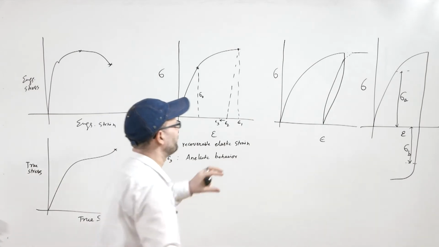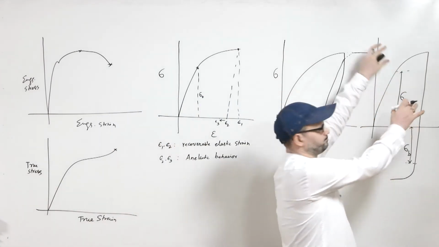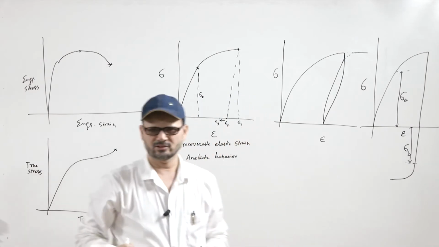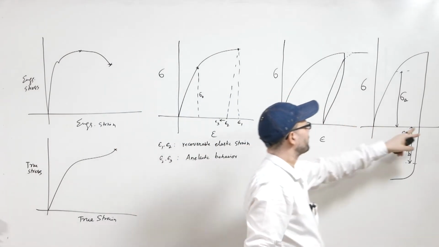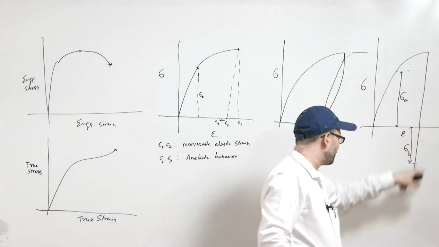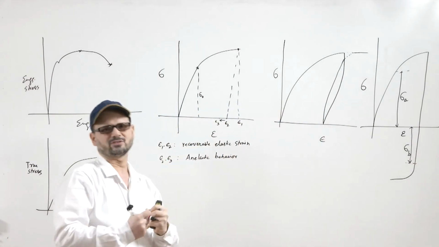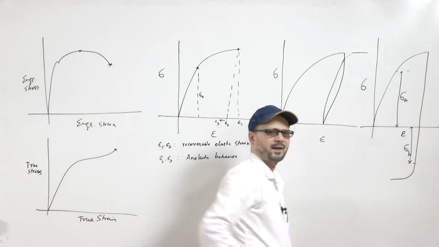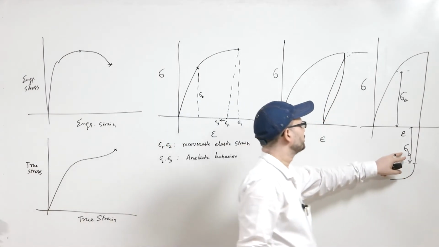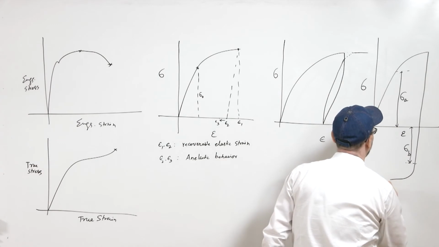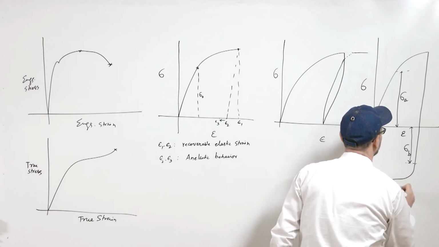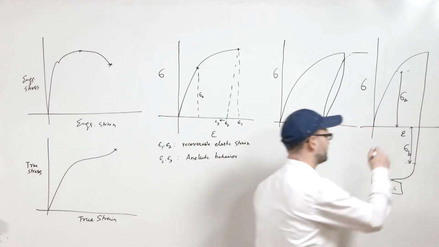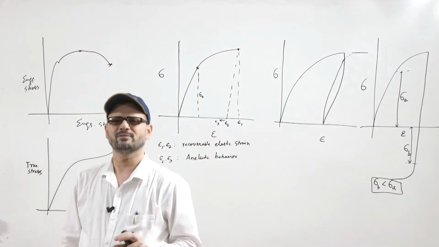So, suppose you have done the pulling in tension, and then after coming back to its normal state, again you have done the pulling on the compression side. What is seen is that this sigma B seems to be less than sigma A. So this effect is known as the Bauschinger effect.